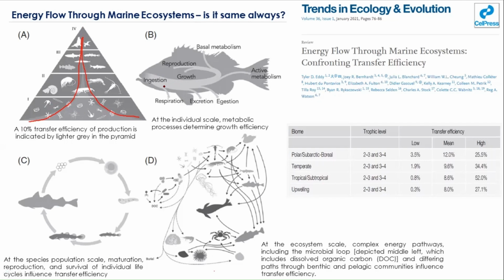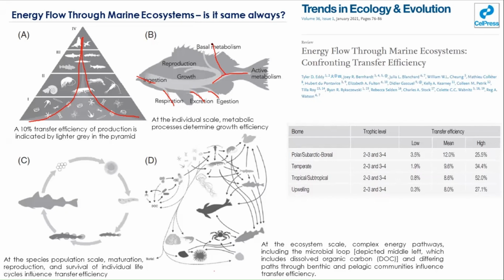Now look closely at what happens at the individual scale: whatever you ingest, there are several other ways that, due to the metabolic processes, energy will be released, right, and that determines the growth efficiency, right? Now this is just one individual, and the whole population at that particular trophic level is made up of several individuals, right?